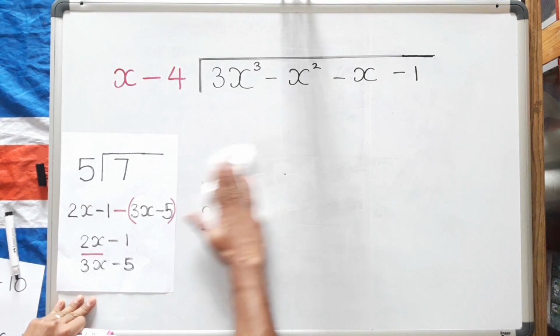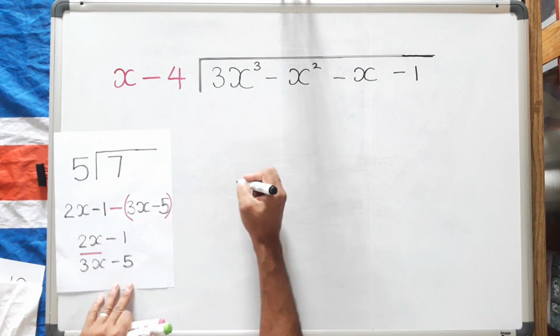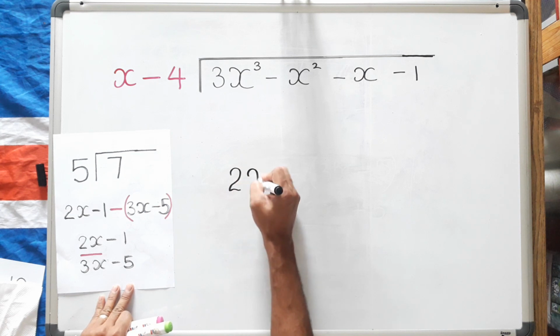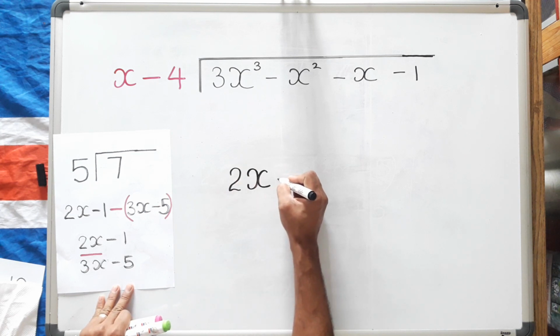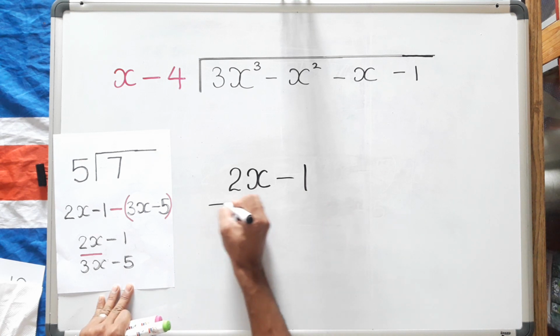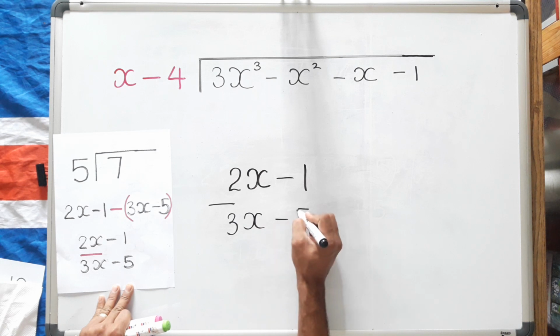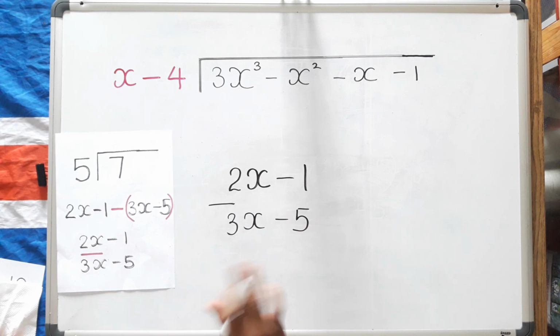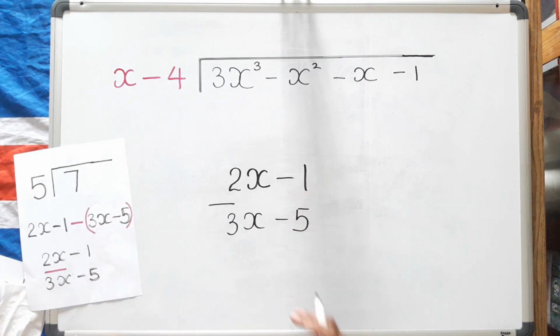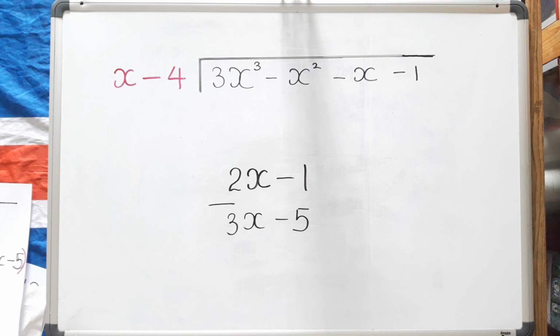I'm going to take this question and we are going to write it in a more vertical form. 2x minus 1, and we are going to minus 3x minus 5. Now, it's the same exact question, except I wrote it slightly different. However, when you write it like this, it causes some slight confusion among some students.